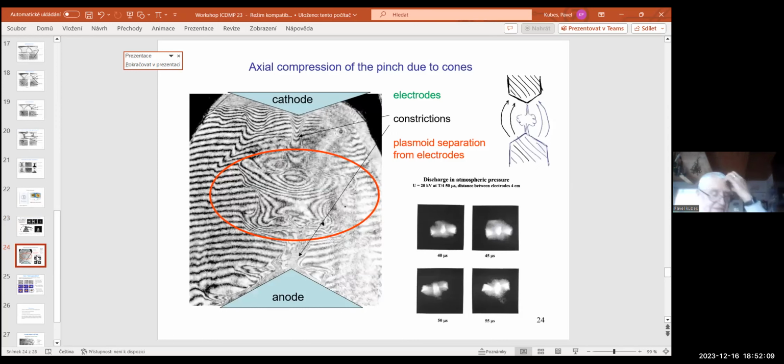The next case which is important to study in future is plasmoidal structure, which is formed from two conical electrodes, cathode and anode, which form near the top of the electrode jets, which accelerate plasma to the center and form here one plasmoidal structure in Z-pinch discharge.